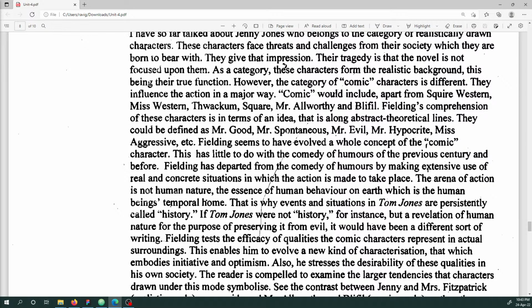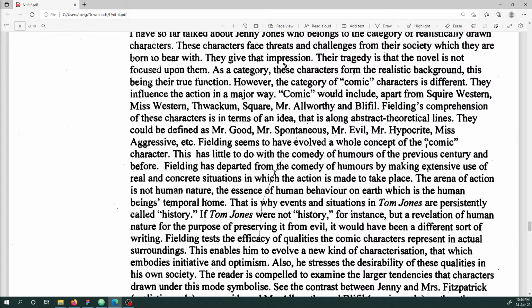The arena of action is not human nature, the essence of human behavior, but the earth, which is human beings' temporal home. That is why events and situations in Tom Jones are persistently called history.